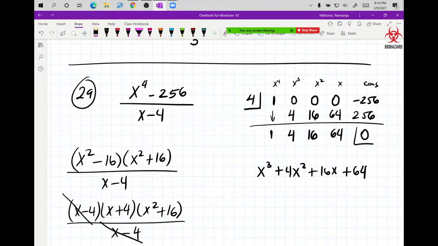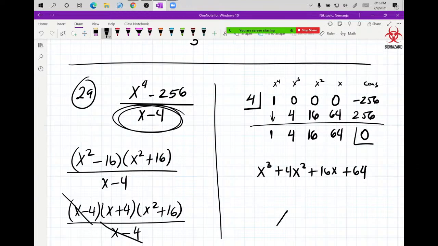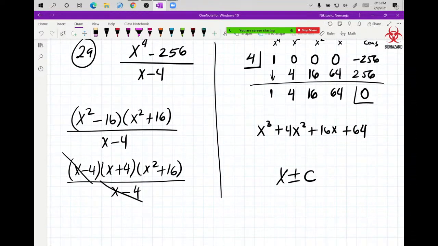So synthetic division is insanely fast, but the limitation is that over here, you can only have x plus or minus c. You're limited to that. And it makes a problem if it's like, let's say, 2x plus 3.